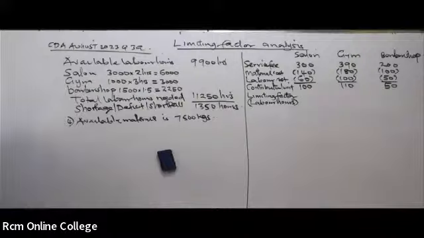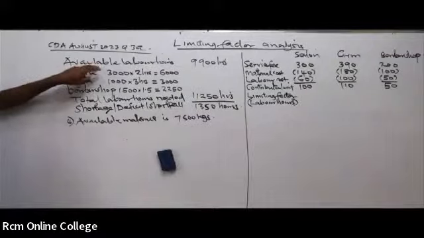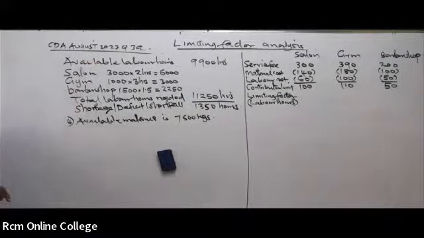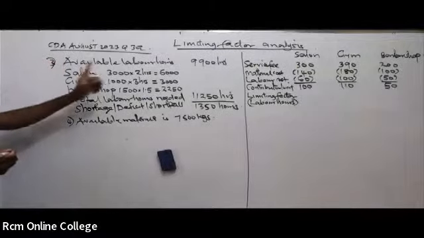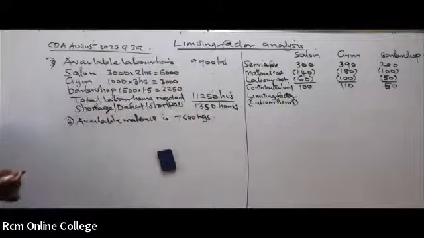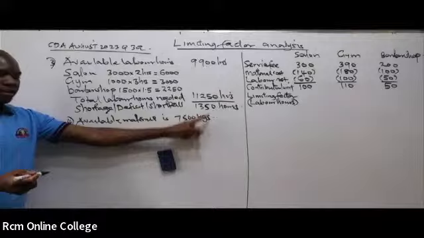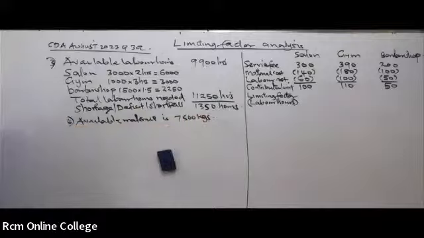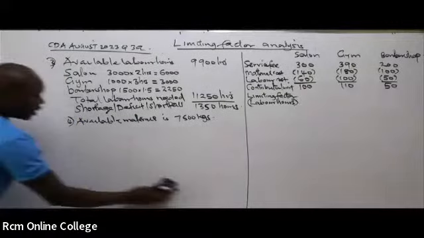If there's a scenario where information number 3 is not given, as in this question, that is what has helped us to identify the limiting factor. No, they have to give you the available. This one has to be there, right? The only case you will find in exams is that information number 3 is telling you available labor hours 9,900 hours. Available material is 7,500 kgs. Right? Now, then it means you have to check.